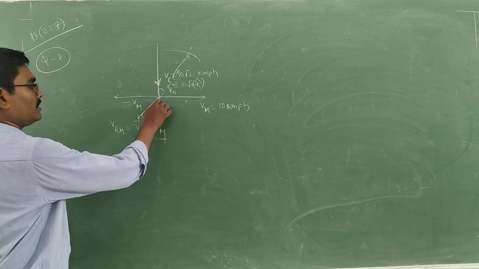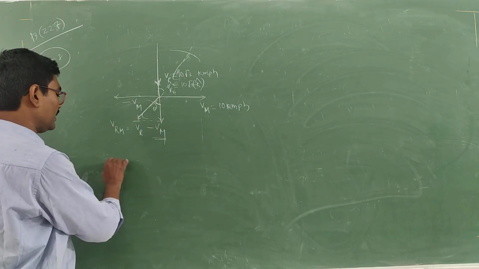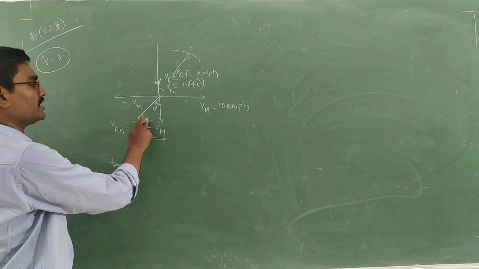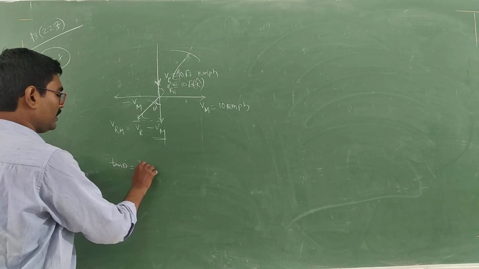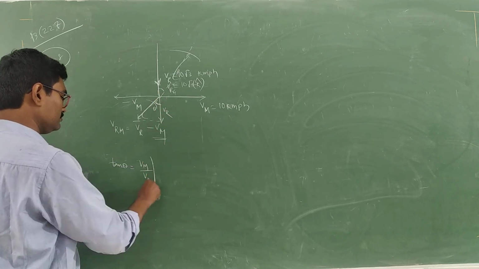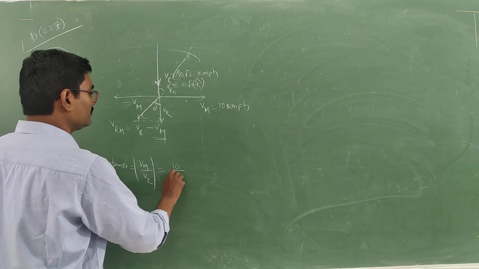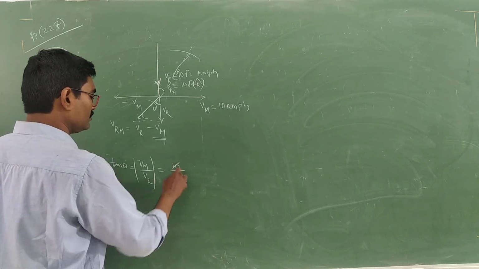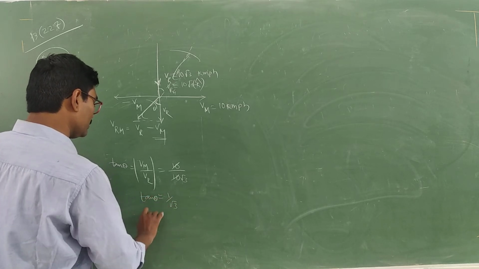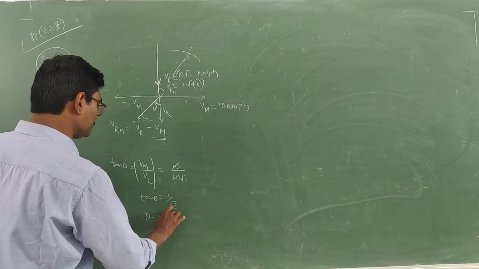What is tan theta? Opposite by adjacent. The opposite side is Vm by Vr, which is 10 by 10 root 3, so 1 by root 3. Theta is 30 degrees. That's the answer.